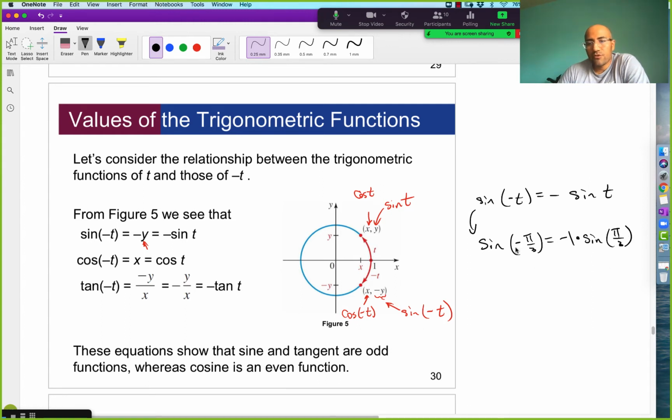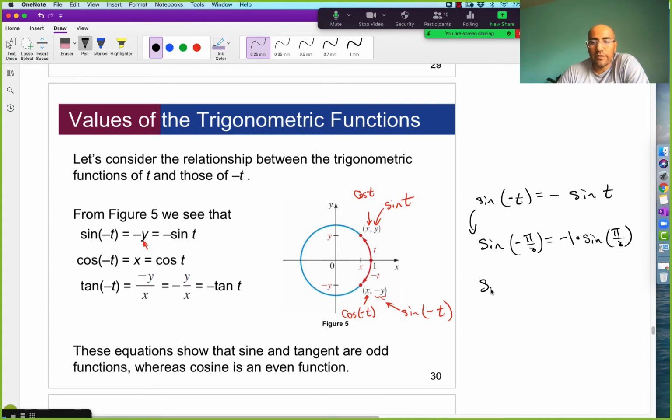Now, some people might look at this and think that we've factored out a minus 1, but that's not what we've done, although it kind of looks like that. We're simply stating that when you input this negative angle, it's equivalent to finding the sine of the positive angle, times negative 1.